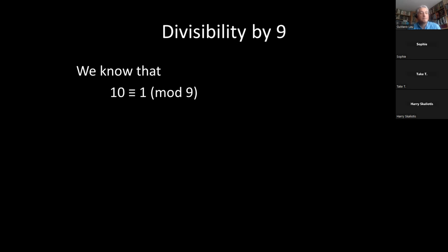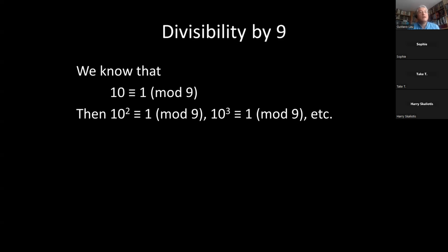What about 1,000? Somebody different. What is 1,000 modulo 9? It's 999 plus 1. It's 1. And 1 million? 1. Yeah, all the powers of 10 are 1 modulo 9.